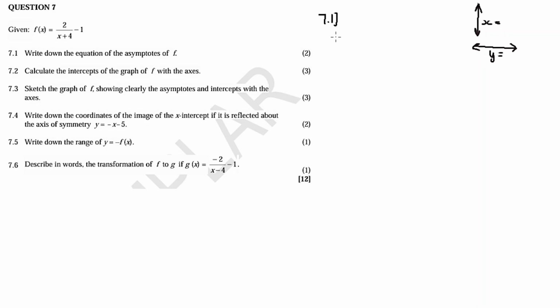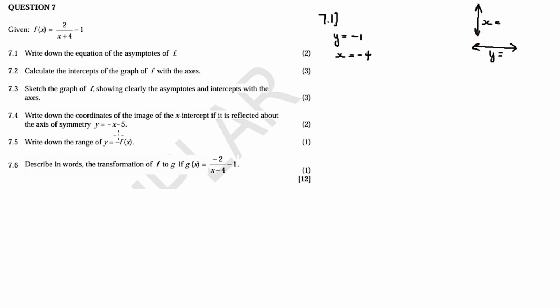For the horizontal one, we will have y equal to minus 1, and for the vertical asymptote, x equal to negative 4. We take x plus 4 equal to 0, then solve for x, which is negative 4, because the denominator shouldn't be 0.